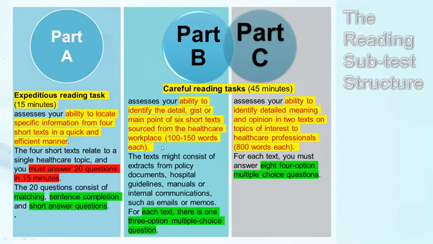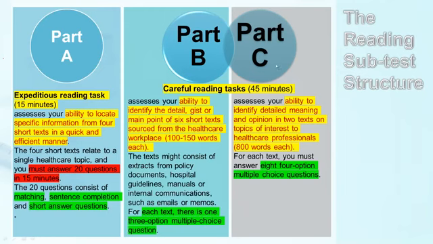The texts might consist of extracts from policy documents, hospital guidelines, manuals, or internal communications such as emails or memos. For each text, there is one 3-option multiple choice question. So you have to choose a single correct answer from 3 options.